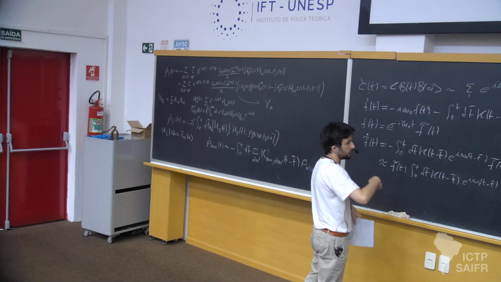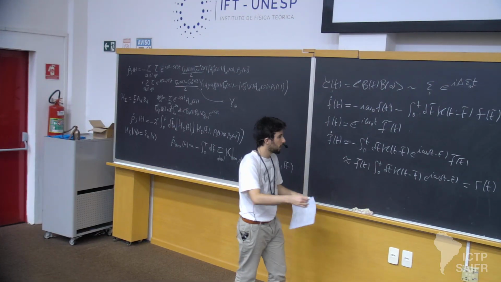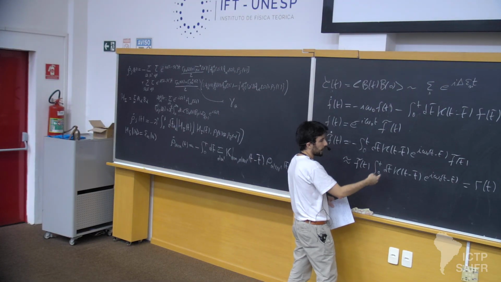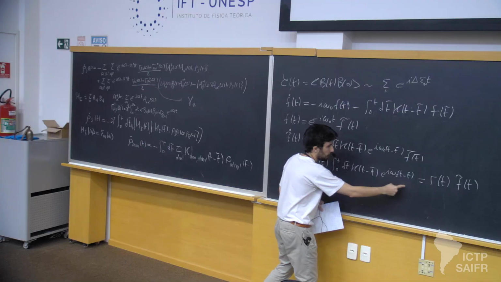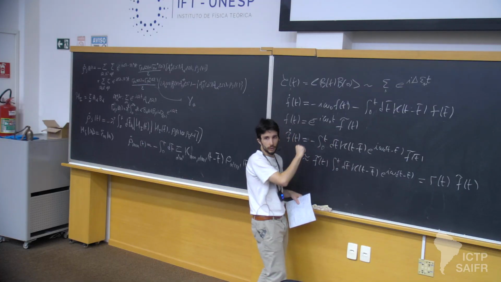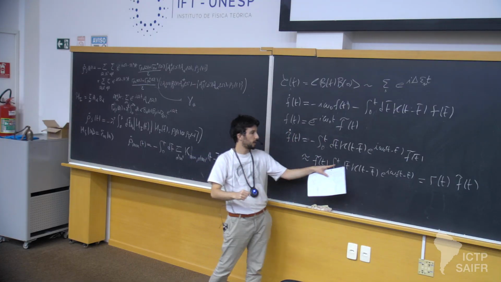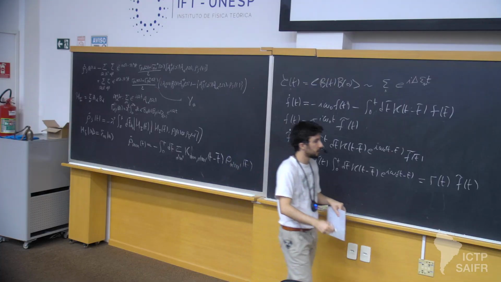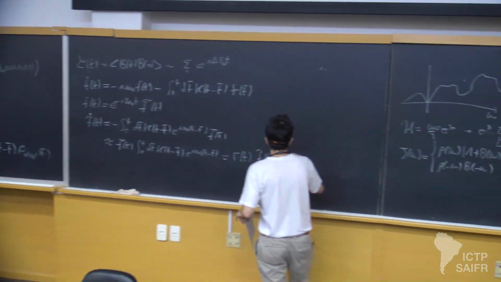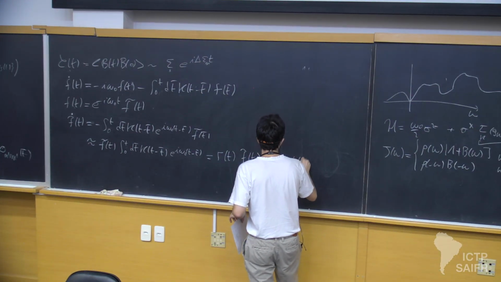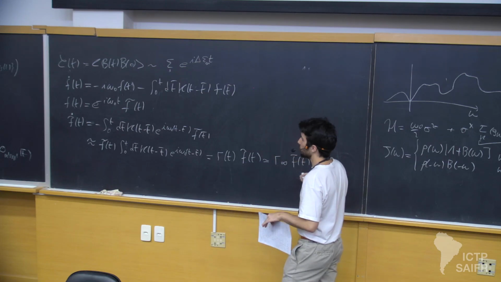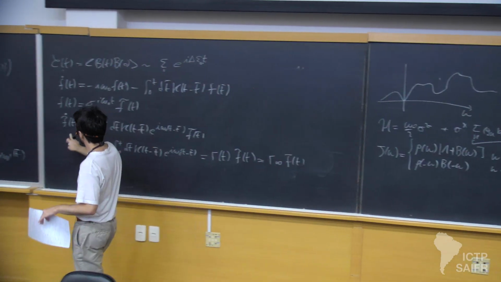We can even do the full Markov approximation. So we just, again, invoke the fast decay of this object and push the integration up to infinity. So we just get some asymptotic rate. And this is, of course, an equation for an exponential.